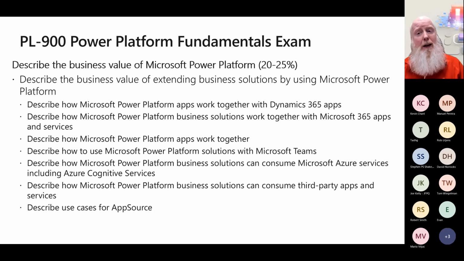But all my Power App is doing is calling into Azure, the Azure IoT Hub, to do things, or to Azure Functions to do things. And my Power App is just the visual user interface around that. Or we've done automations where somebody's done something in SharePoint, and when somebody does something in SharePoint, we automate what's happened and then push that data into other systems and link things together. So this section is around how I use the Power Platform with other parts of the Microsoft ecosystem, primarily Dynamics, Microsoft 365 and Azure.